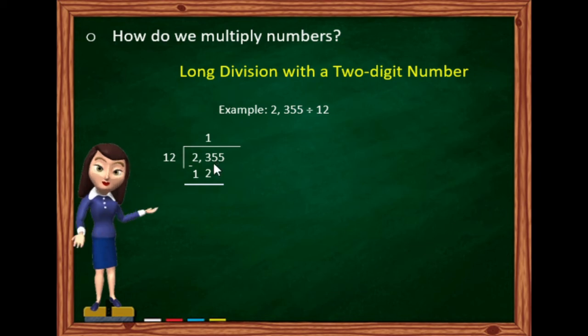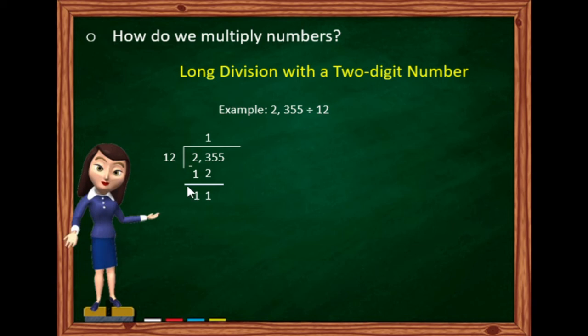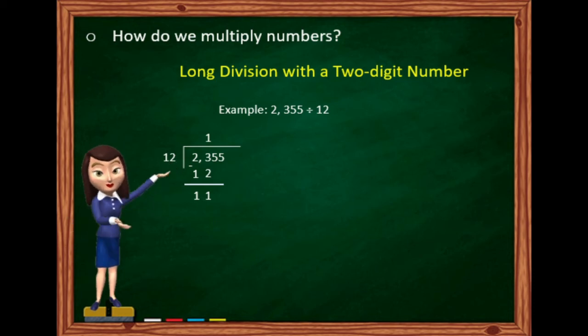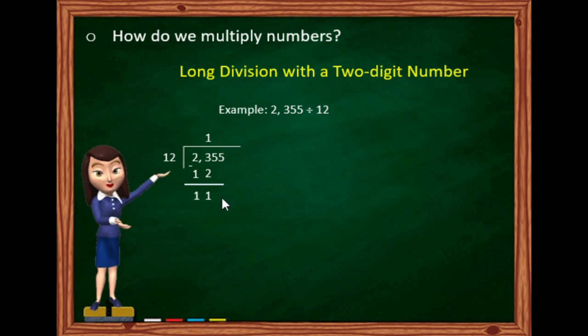Subtract from the rightmost place. 3 minus 2 equals 1. 2 minus 1 equals 1. 11 divided by 12. Can, cannot. Cannot. So we need to drop down number 5.